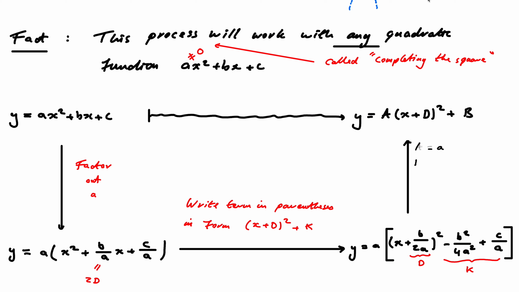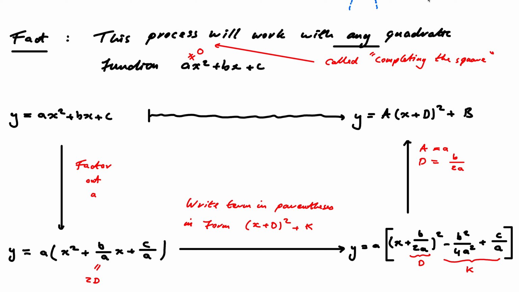So I should do this in red, shouldn't I? So A is equal to little a, d is equal to b divided by 2a. We need that to get the linear piece. And then by far the biggest mess is this piece at the back, which is pretty horrid really.